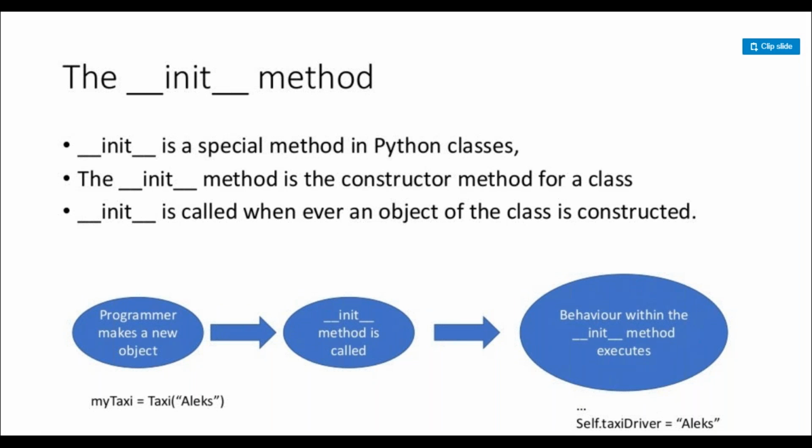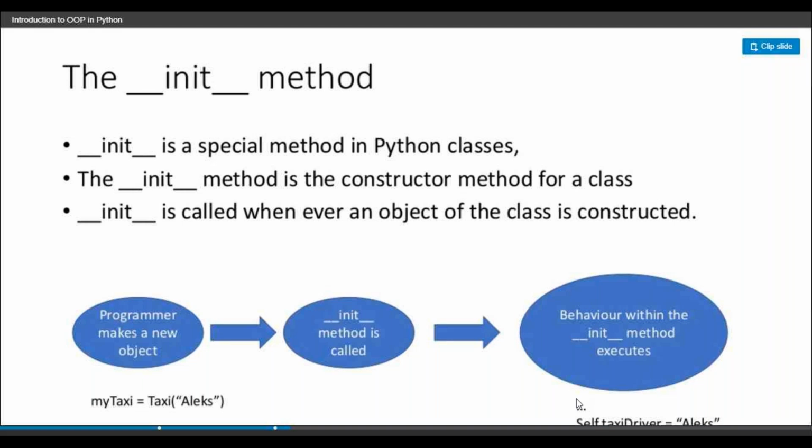Alex is the driver name, a string. Here self dot taxi driver is equal to Alex.